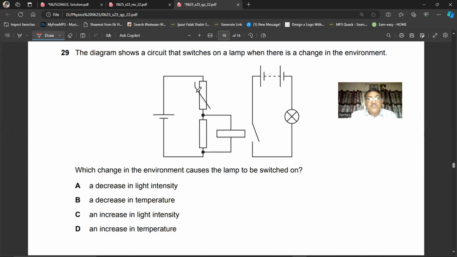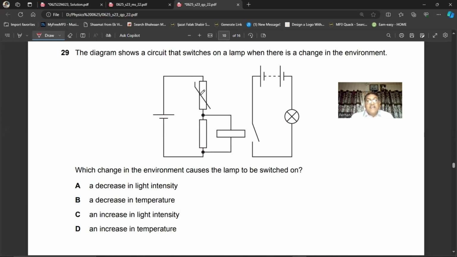So here we have a thermistor, so its resistance can be increased or decreased by changing the temperature. If you want this switch to be closed so this lamp can be lit, you have to increase the temperature. When the temperature increases, the resistance of this thermistor will decrease.